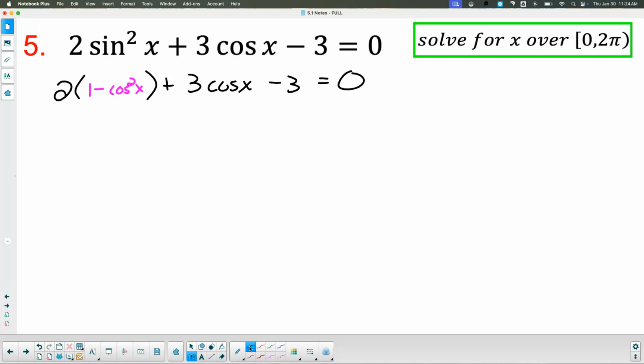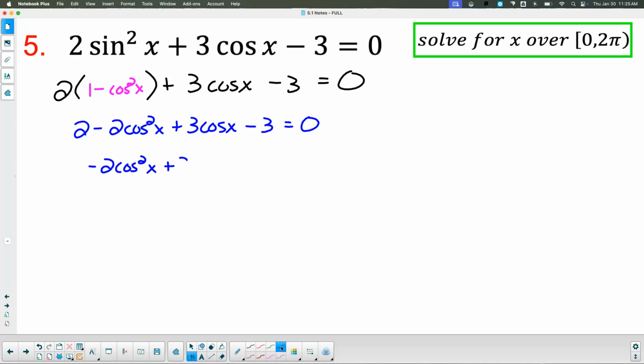Now I got to distribute. 2 minus 2 cosine squared of x plus 3 cosine of x minus 3 equals 0. Yes? Negative 2 cosine squared of x plus 3 cosine of x minus 1 equals 0.